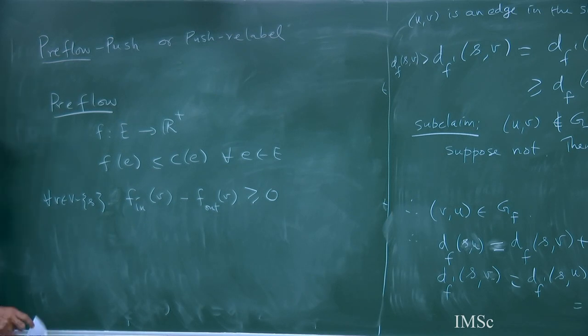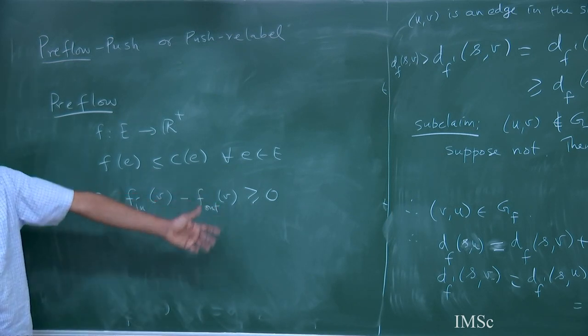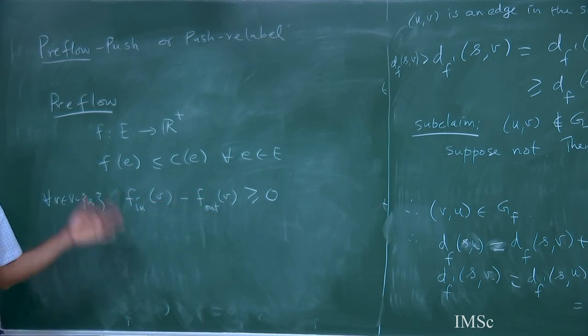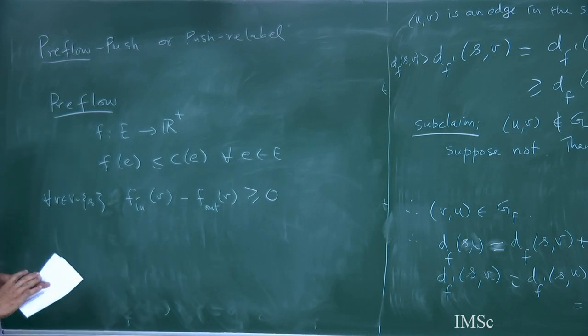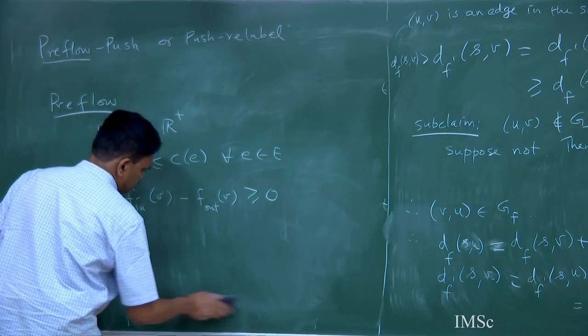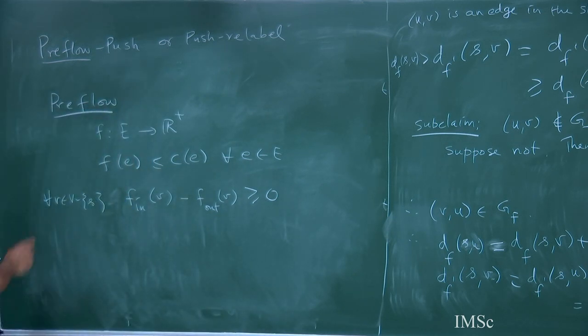It could violate the conservation constraint. I don't have equality, but I will start with pre-flow and eventually reach a flow, and that's when we have optimality. Okay. So this is pre-flow.